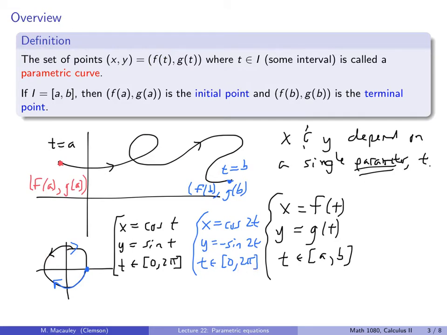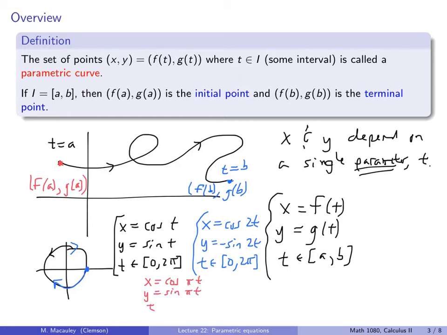And there's no reason I need to start at 0 and end at 2 pi. I could go from 0 to 1. For example, here's another one. I'm just making these up on the spot. X equals cosine of pi t. Y equals sine of pi t.